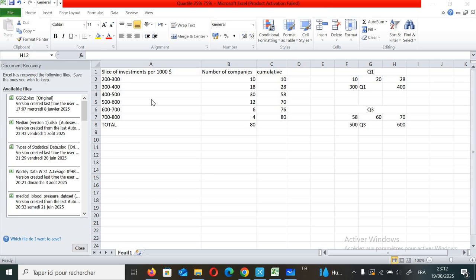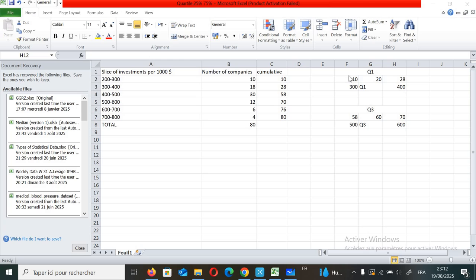The only difference is that for the median we calculate the middle. 50% of companies have an investment inferior to that value, and 50% make an investment superior to that value.